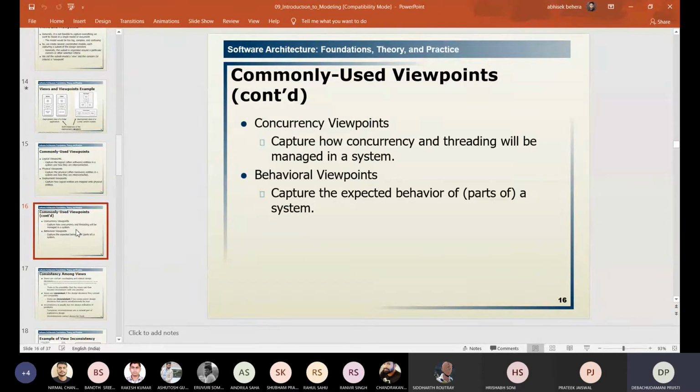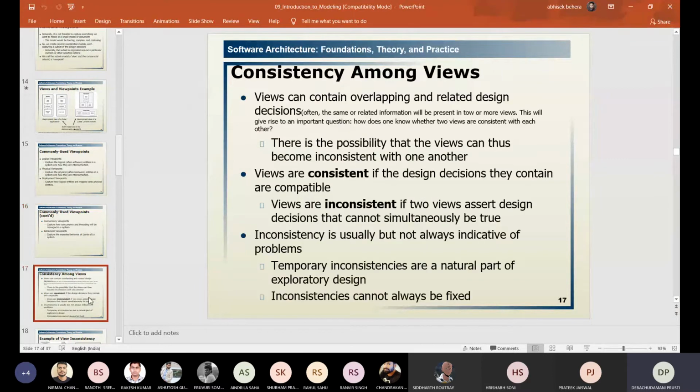Then consistency among the views. The views can contain overlapping and related design decisions. Often the same or related information will be present in two or more views.